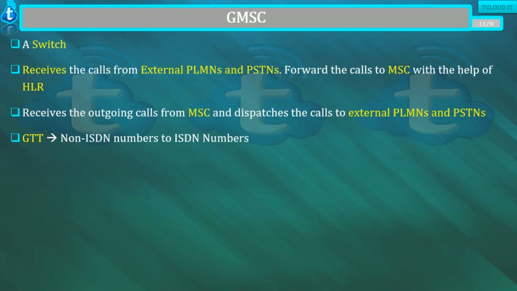The SR Nagar police station landline number is some 040 and something else, some 27859692 or something, some other number. It is not 100, but it is connecting me to SR Nagar police station. How is it doing it? Converting these non-ISDN numbers into ISDN numbers is the duty of GMSC.